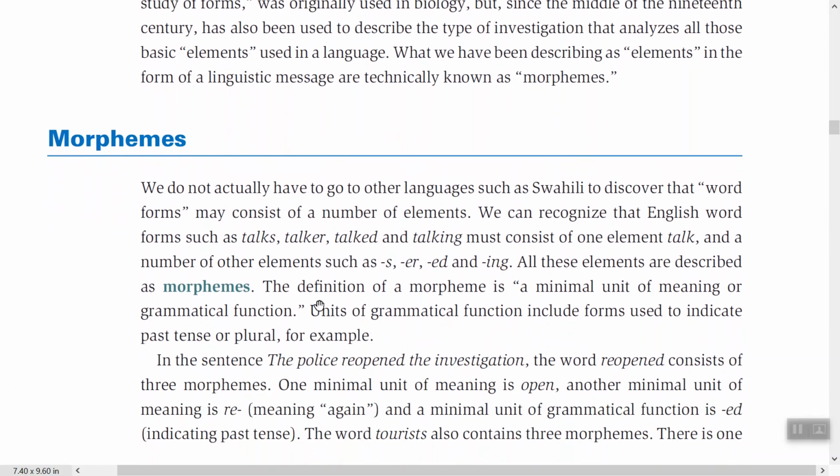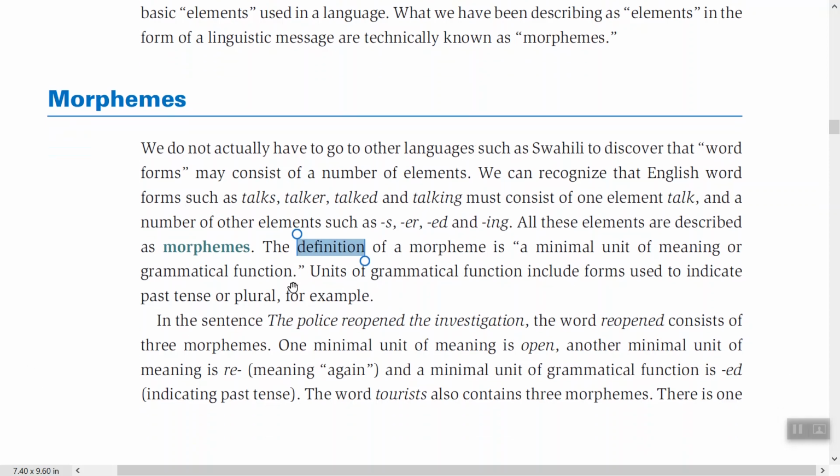What is a morpheme? It is a minimal unit of meaning or grammatical function. And you remember that we have 3 criteria for a morpheme. It should be a word or a part of a word that has meaning.